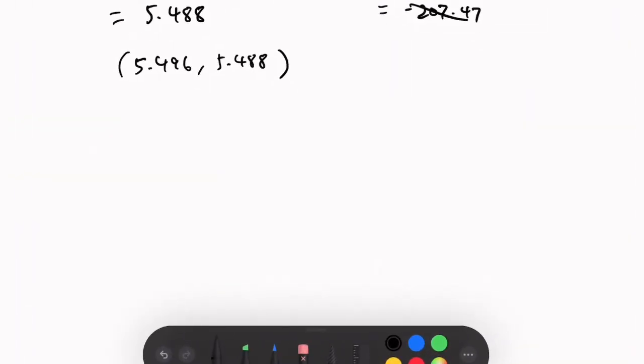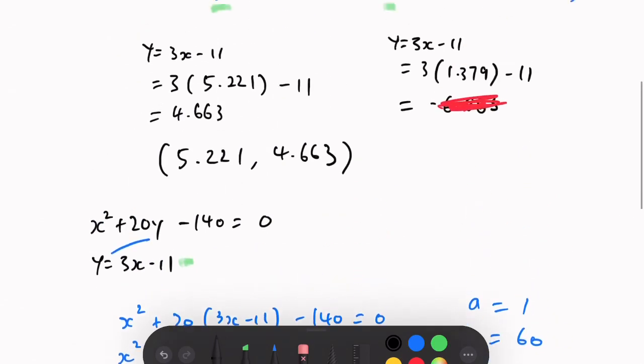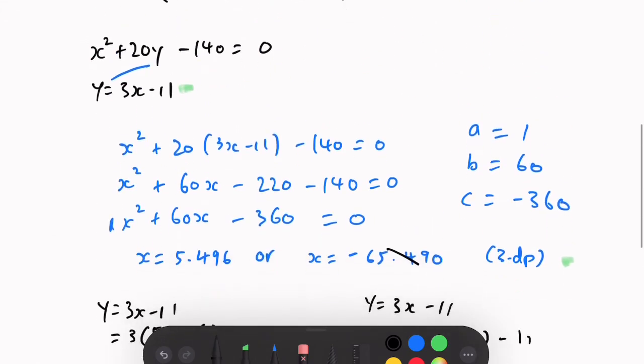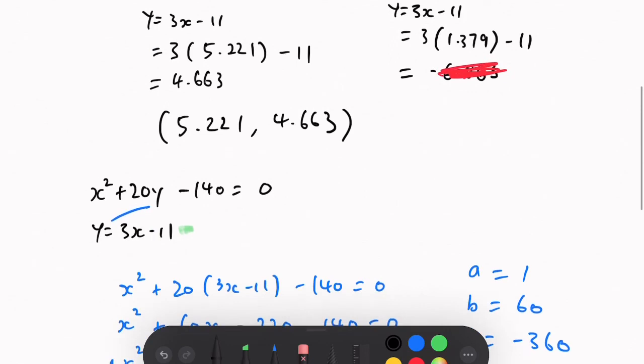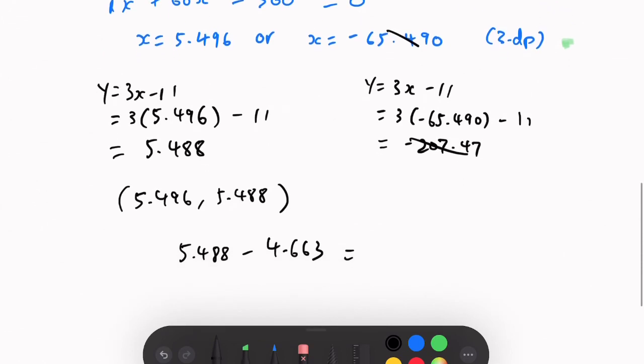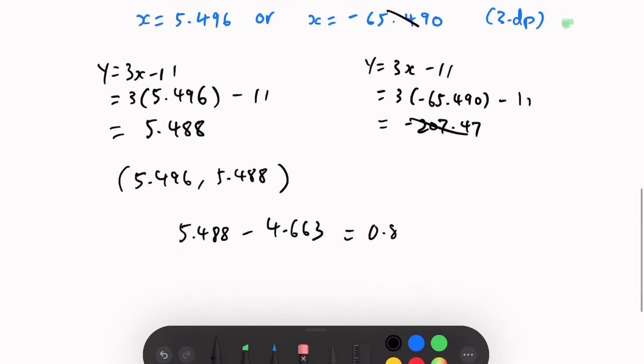So that would be, this is building 2, 5.488 minus the y value in the circle, 4.663, which equals 0.825, and then you'll say that the skylight in building 2 is higher by 0.825 meters than building 1.